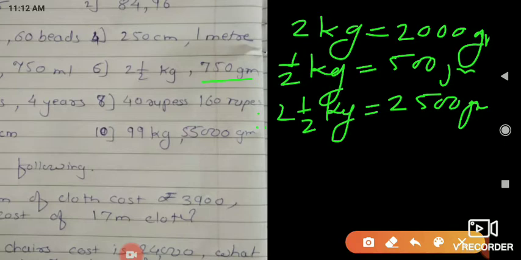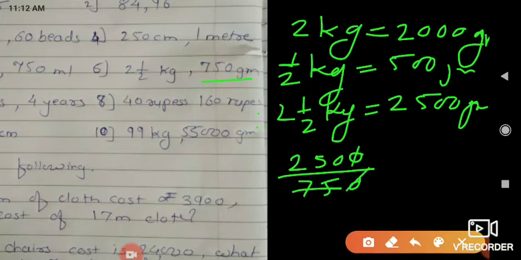So here 2500 divided by 750 grams. So 0 gets cancelled with again 0. 25 threes are 75, 25 ones are 25 and the 0.